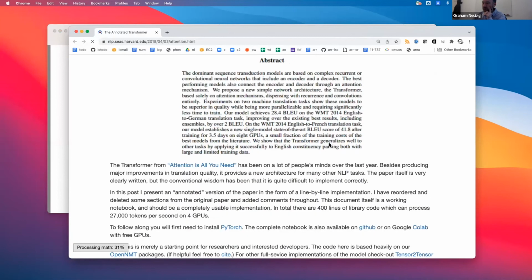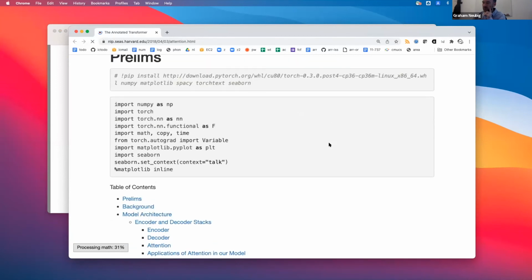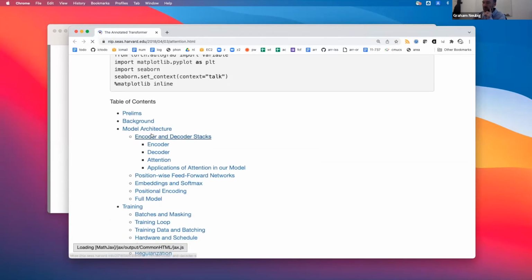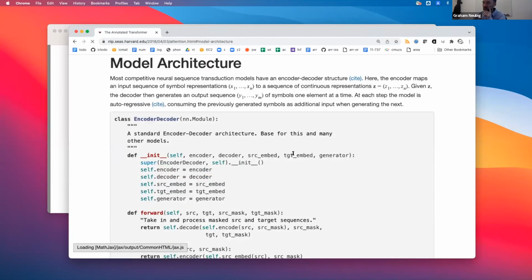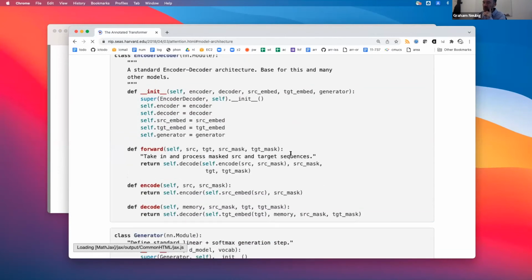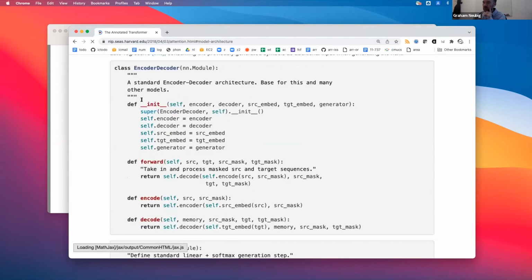So basically, if you look at the model architecture first, we're talking about an encoder-decoder architecture. We have our encoder here. We have our decoder here.